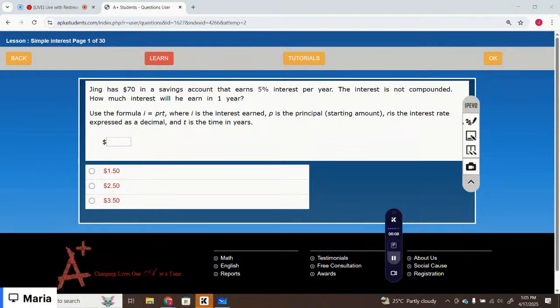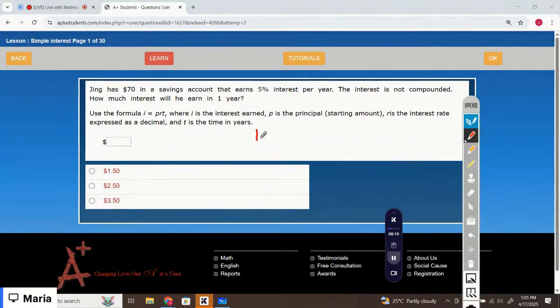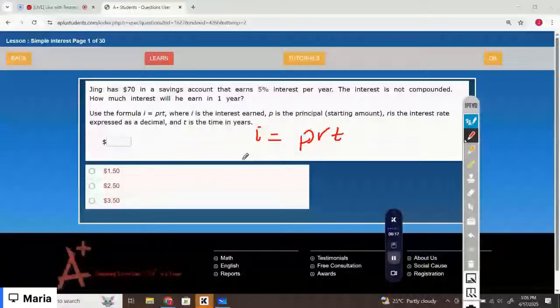The simple interest. P means the amount that is in the problem. Then we have R equals 5 over 100, which is 0.05. T is 1. So that is 3.50.